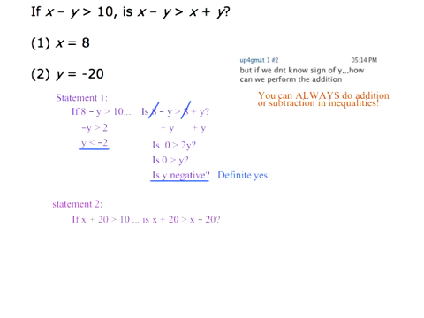So you can kill the x's. Look what you get. You get a question that says, is 20 greater than negative 20? Well, sure it is. So also sufficient. So they're both sufficient, and the answer is D overall.